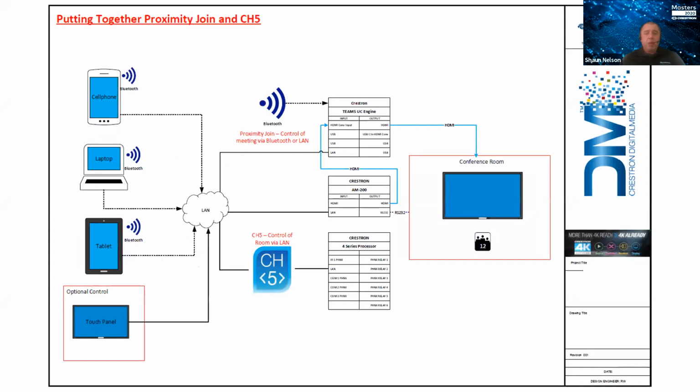Now, if I were to take that really cool proximity join and utilize it in any of my Teams environments, basically to be able to walk in, suddenly I have the ability with a proximity join to push myself and become the control interface for the Teams call. I now have an AM200 on the ingest, which means I'm not touching anything. I'm linking up to the AM200 for my content.